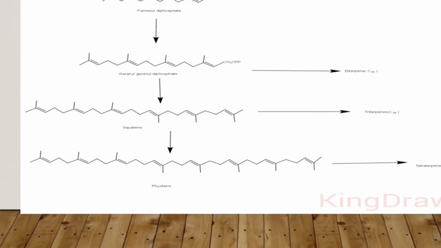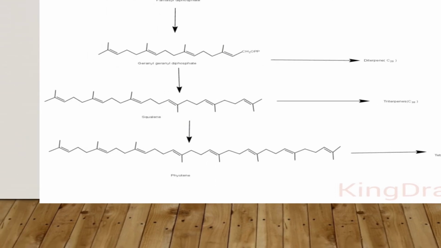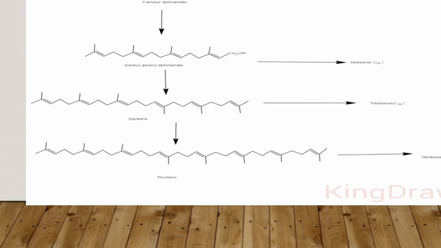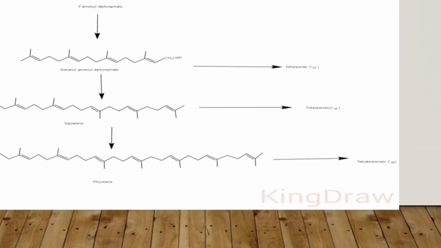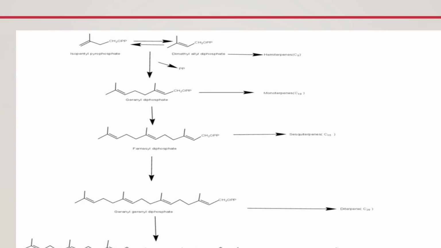Again, when two molecules of isopentenyl pyrophosphate are attached, it is converted to squalene, and squalene gives the triterpenoids. Then phytoene gives the tetraterpenoids. So as the number of isoprene units attached increases, the class of the terpenoid is formed.